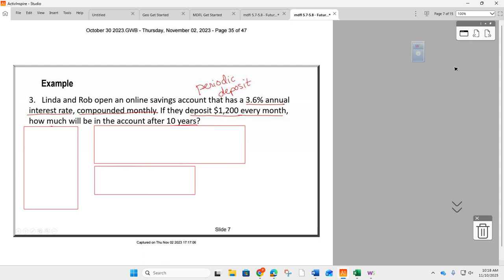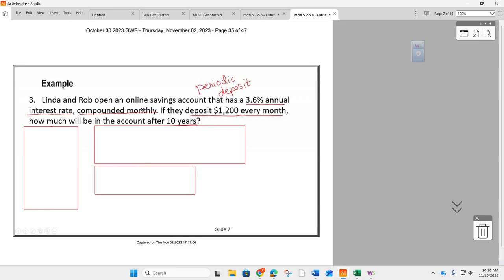Together? Okay. So Linda and Rob open an online savings account that has a 3.6% annual interest rate and it's compounded monthly. If they deposit $1,200 every month, how much will be in the account after 10 years? So are we looking for the P or are we looking for the A? What'd you say, Uzziah?